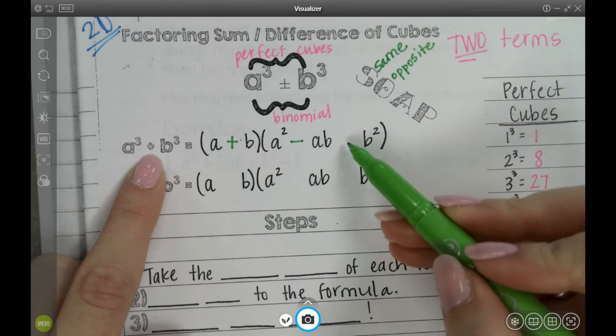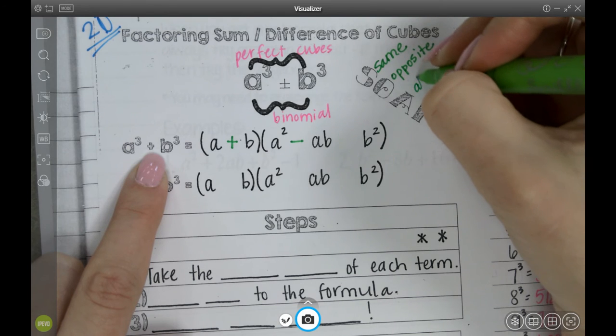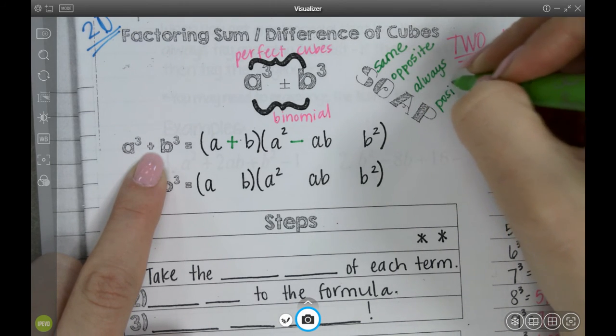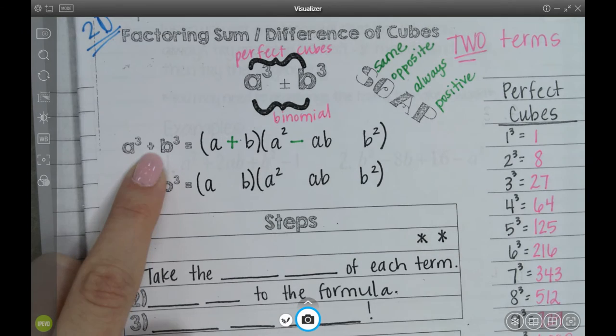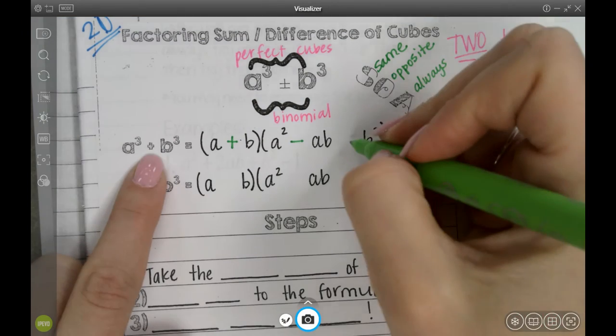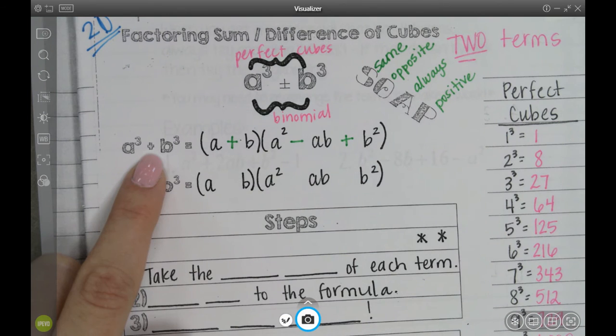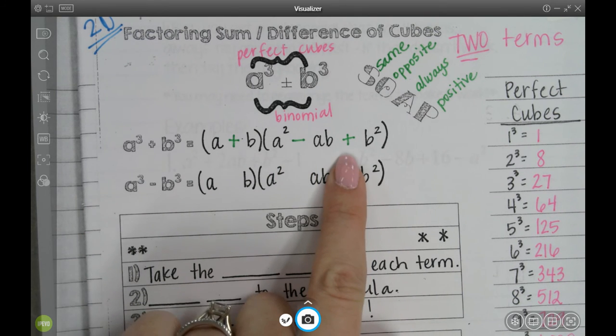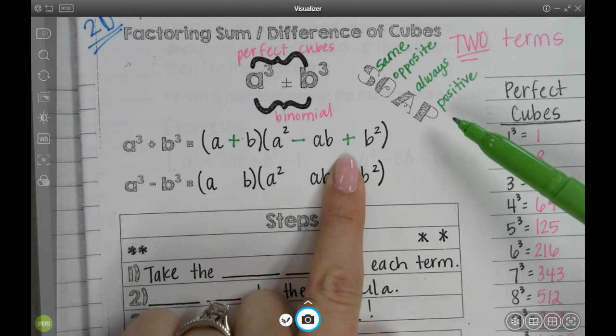And then your last sign is always positive. So that b squared right there is always going to be positive. So the same, opposite, always positive. That's why you have soap on your paper.